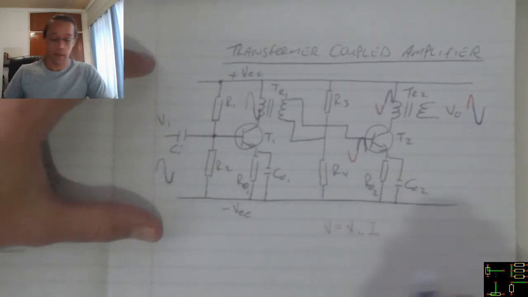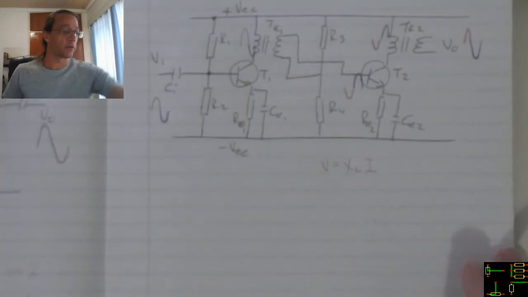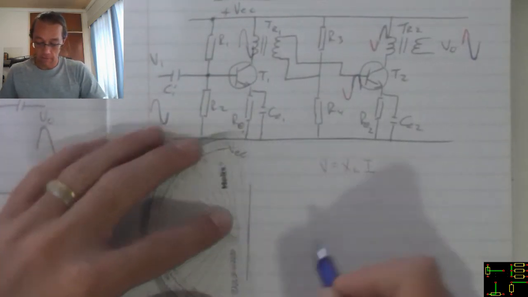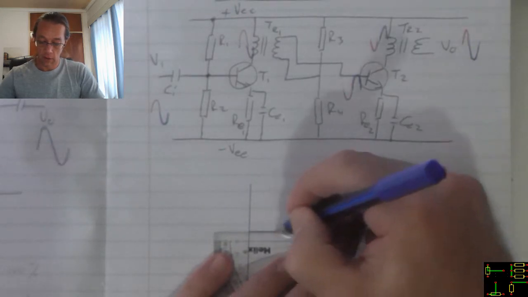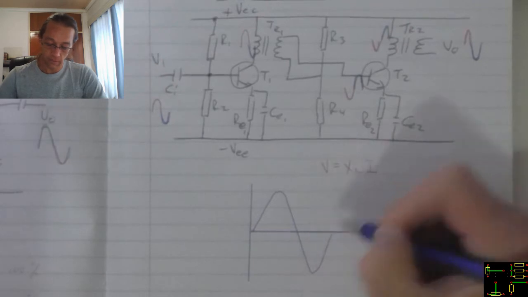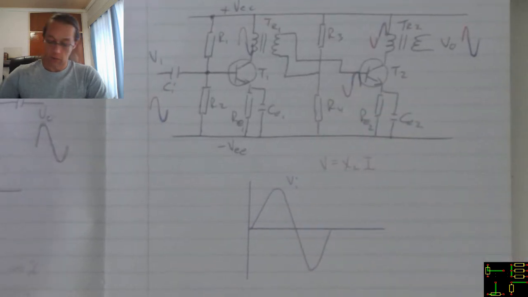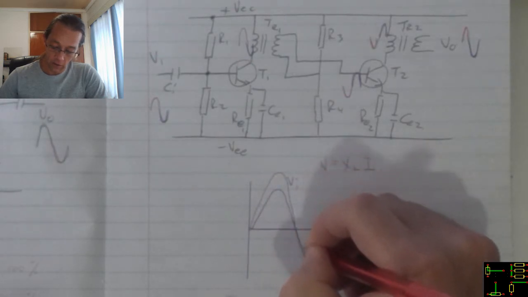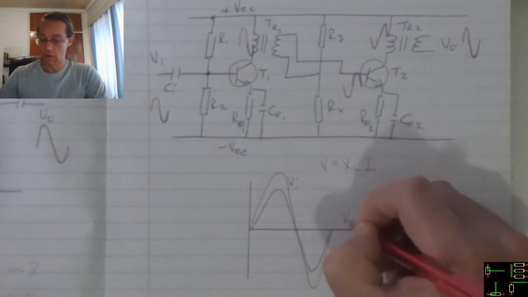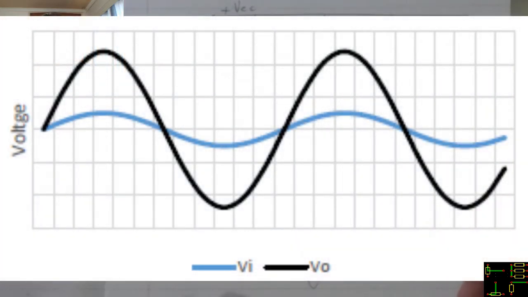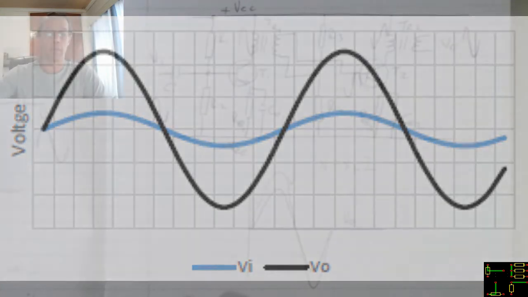The result is, if I have my transformer coupled amplifier and I put a sine wave in, I will get a sine wave out, although the sizes of those voltages are dependent on the turns ratio of the transformers as well as the gain of the amplifier.